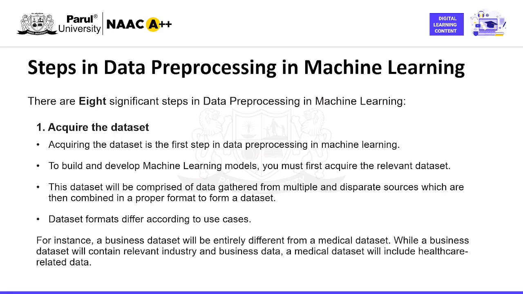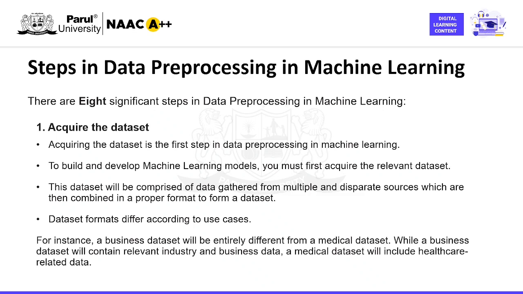Now, we discuss the steps involved in data pre-processing in machine learning. There are so many steps in pre-processing, but here we mention some important 8 steps for data pre-processing.